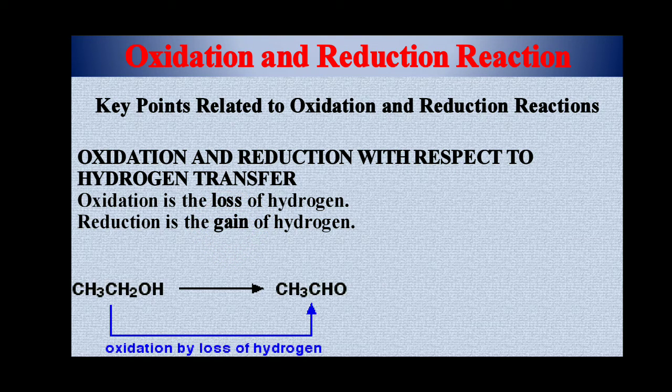I have taken one more example, that is C2H5OH, oxidation by loss of hydrogen. You can see here one molecule of O, and six molecules of hydrogen, and on this side only four molecules of hydrogen.